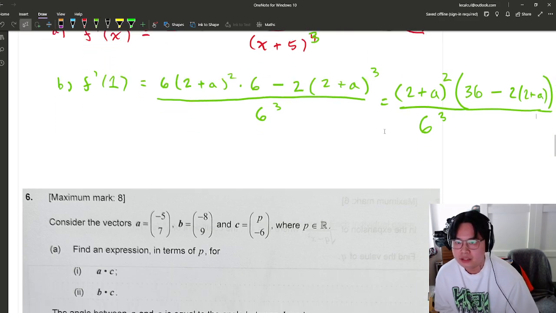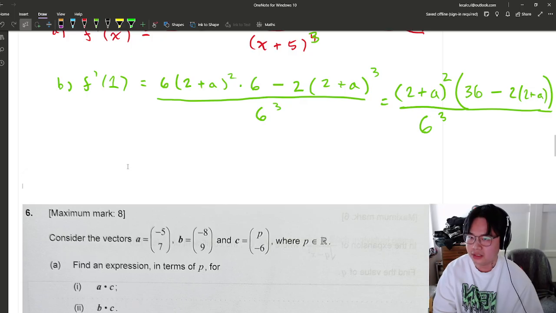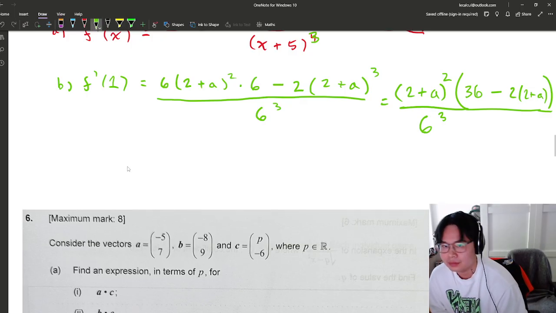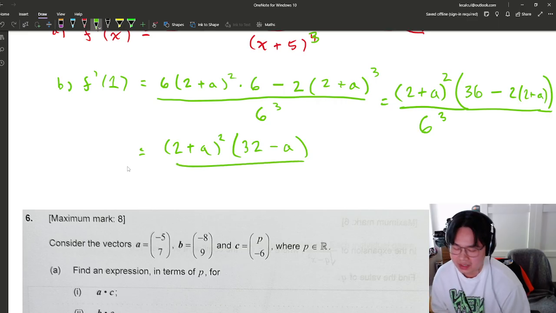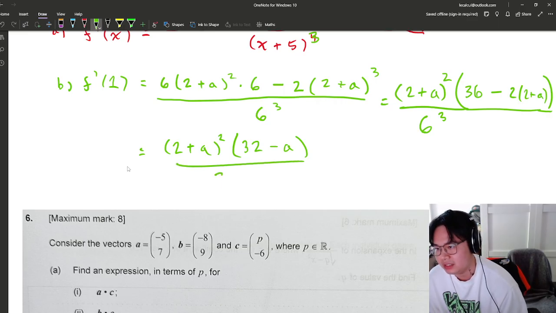This looks awful. I don't know if making it look better is going to help, but you never know. What's 6 to the power 3? Like 216 or something?